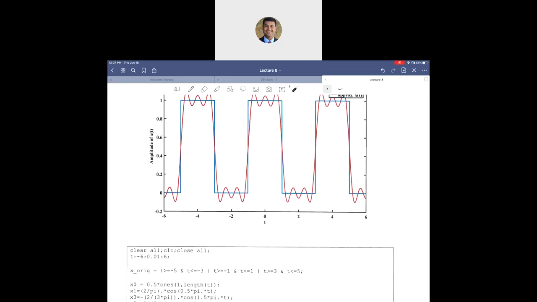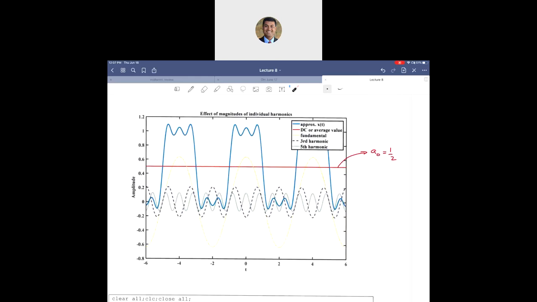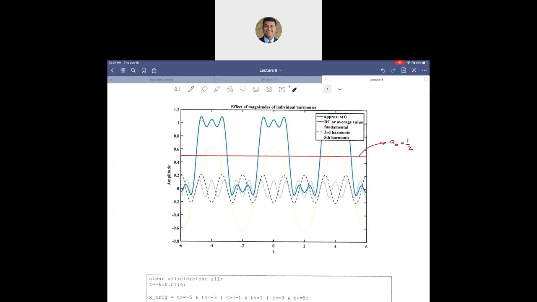But to close the loop on that question that I asked, it is essentially adding up all these sinusoids. As you can see, the red one is the DC value, the average value. Then there is a fundamental, which means that it is the 1 omega naught, which is doing this, the yellow one.